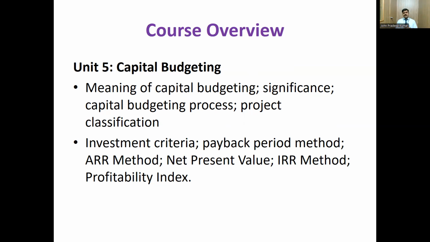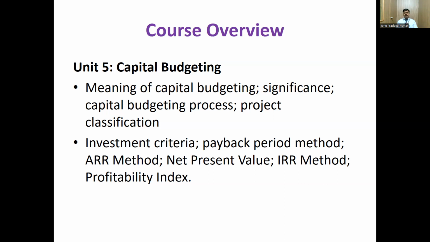And then we're going to learn how to analyze and select a particular project. There are various investment criteria or investment methods available, which the company can use to finalize a particular project before investing their money in it. One is the payback period method, and the second one is the ARR method, that is, average rate of return, also called accounting rate of return.